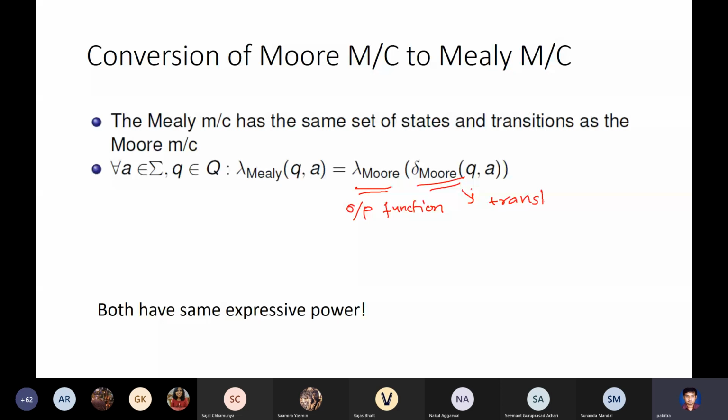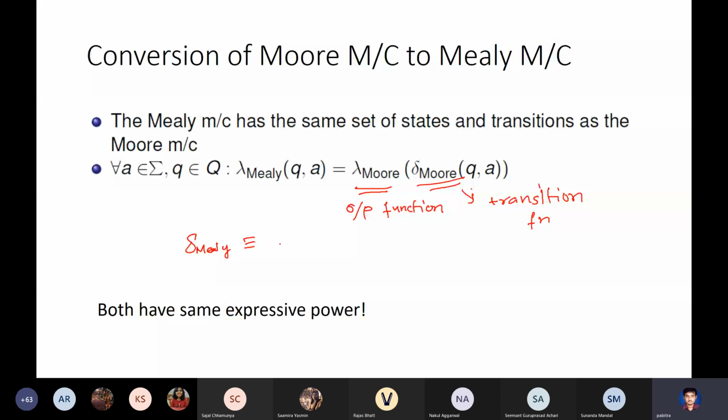In the equivalent Mealy machine, everything else remains the same. So delta Mealy would be same as delta Moore. The only change would be in lambda Mealy and lambda Moore.